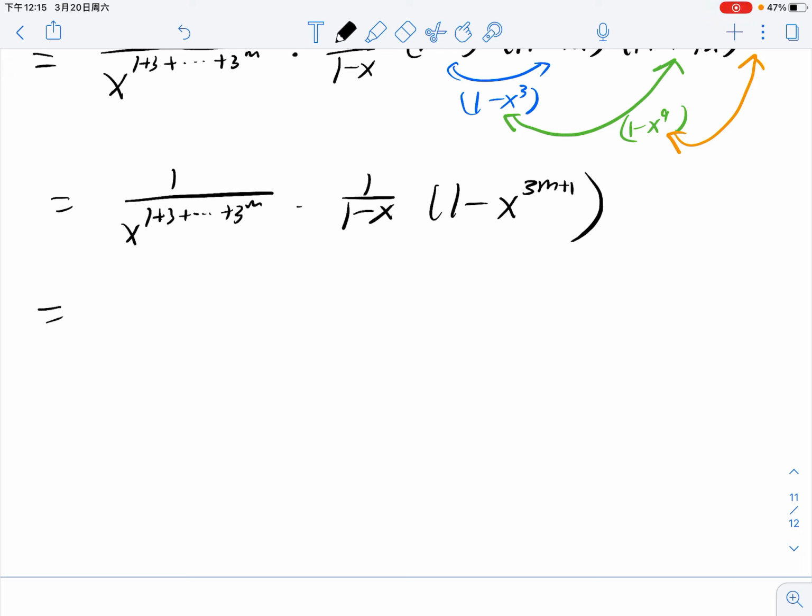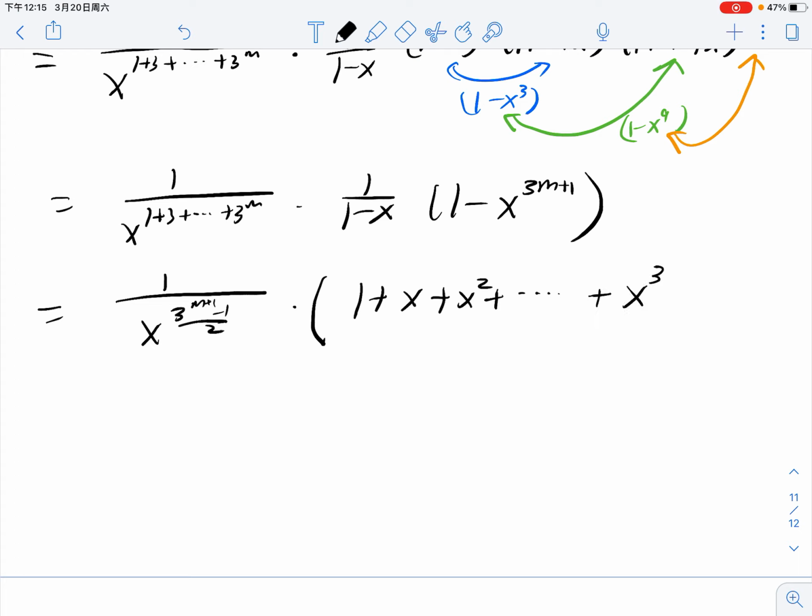Now we compute. The first denominator is x to 3m plus 1 minus 1, divided by 2. And the second one is 1 plus x squared plus all the way to x to 3m, 3 to m's power.